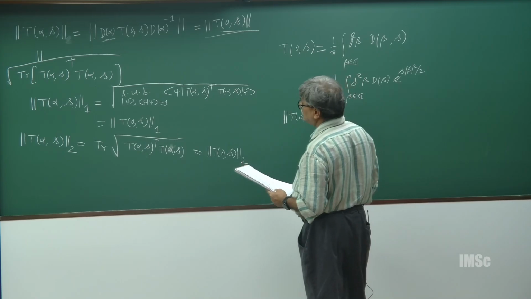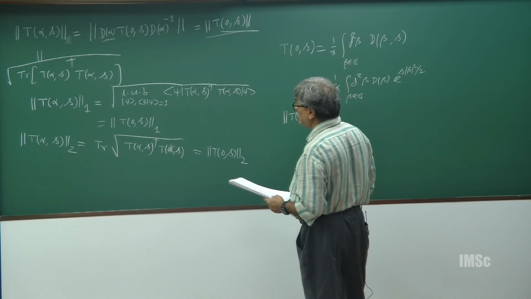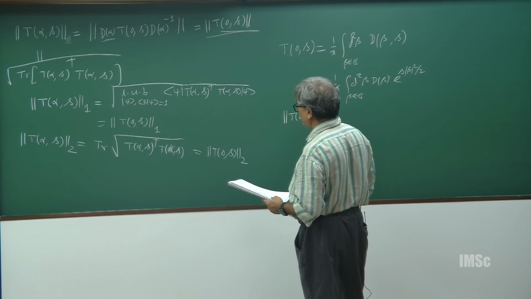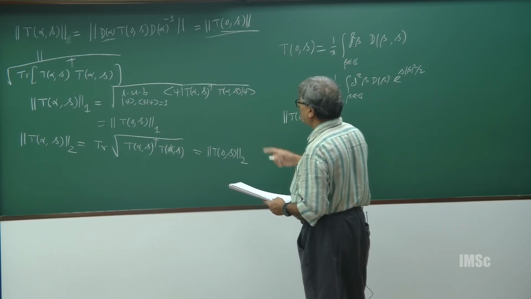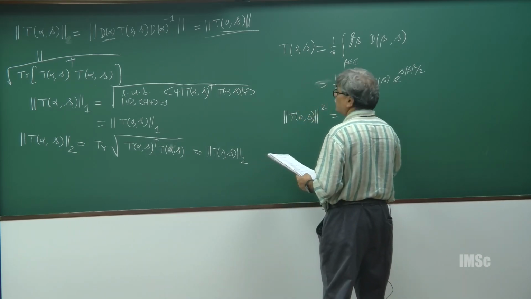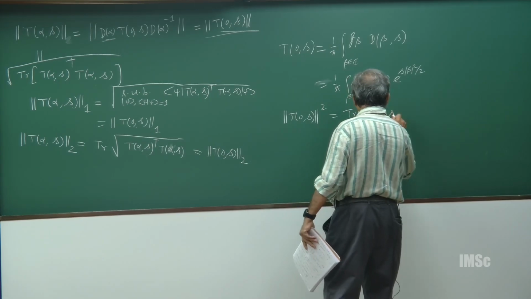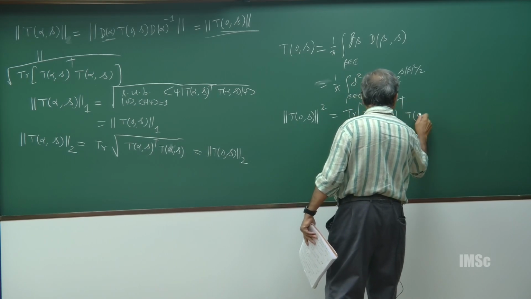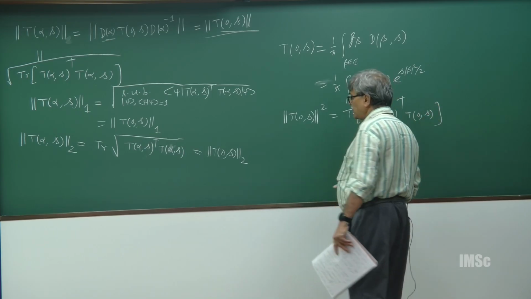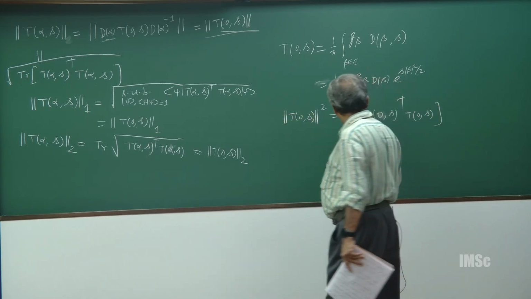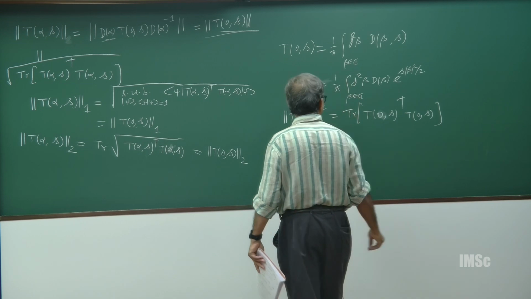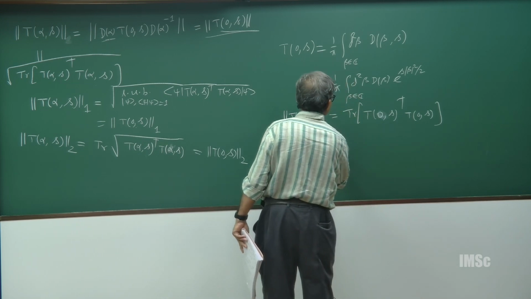What is the definition? This is the trace of T of 0S dagger T of 0S, that is the definition.